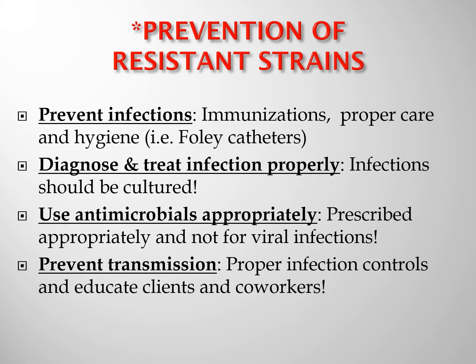Okay, so one of the ways to avoid resistant bacteria is to prevent them in the first place. Preventing an infection means you don't need to use more antibiotics. So immunizations are key. Childhood immunizations and boosters later in life to prevent the infection that requires an antibiotic is a very good way of preventing resistant strains.